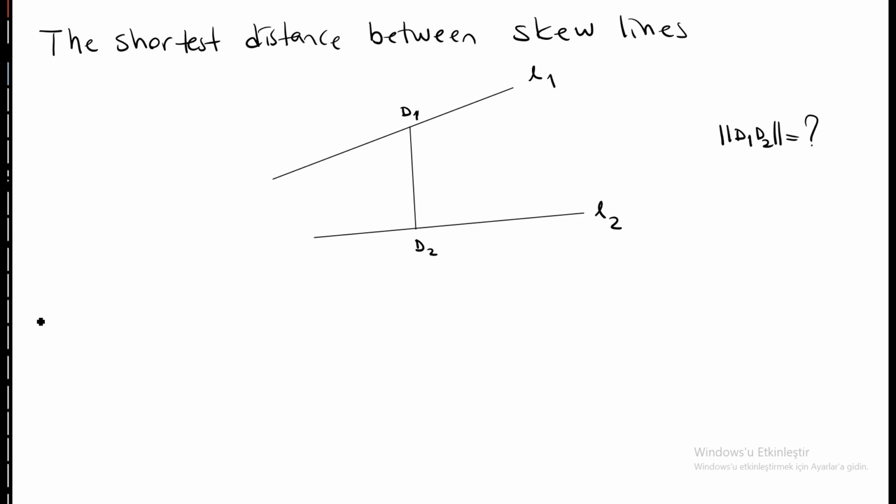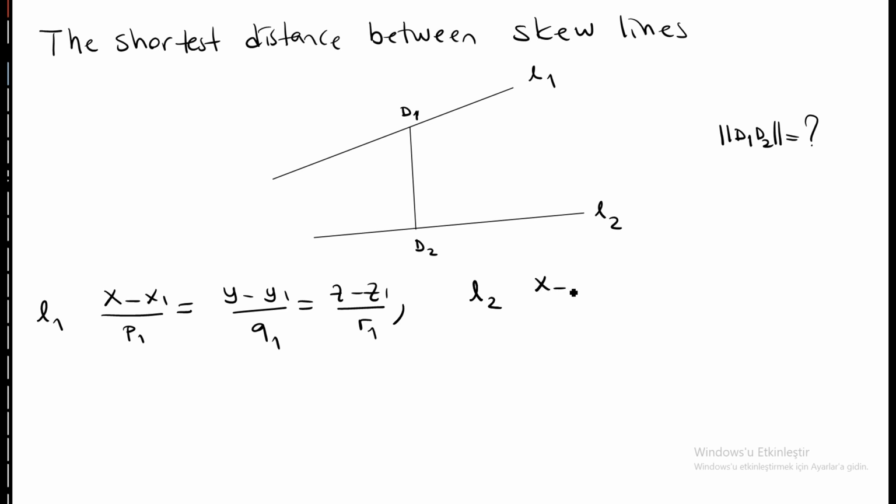So if you have L1, it means you have this one, right? x minus x1 over p1, y minus y1 over q1, z minus z1 over r1. This is L1. L2: x minus x2 over p2, y minus y2 over q2, z minus z2 over r2.